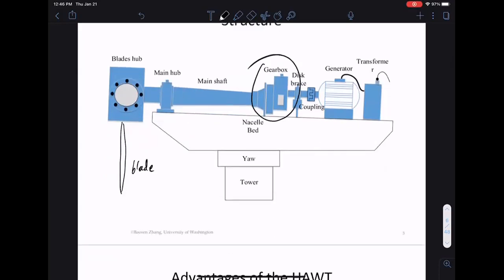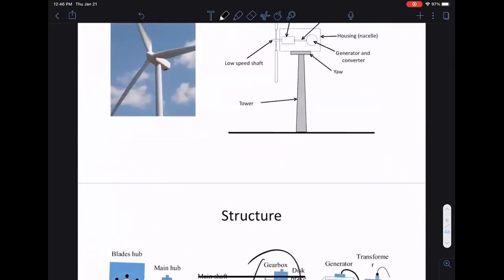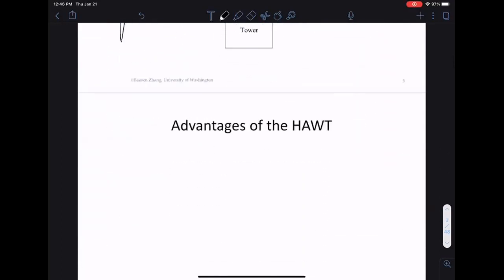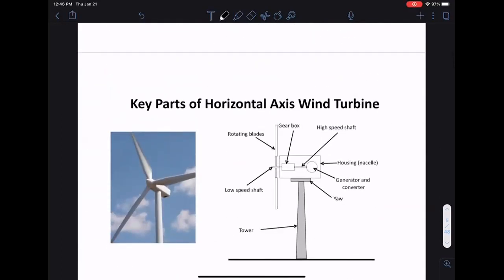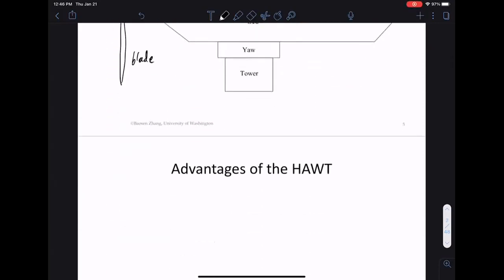Okay, so this is the structure. If you look at this kind of turbine, it's good to think about why we build these so-called horizontal axis wind turbines. For obvious reasons, the axis of rotation is parallel to the ground. So why do we build this kind of horizontal wind turbine? Well, the real advantage is this can be made very tall.